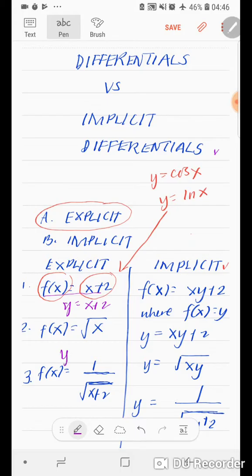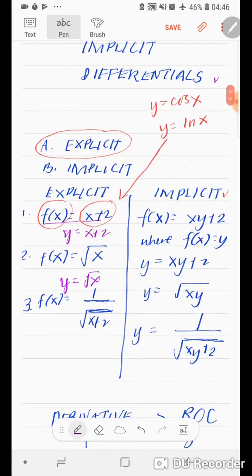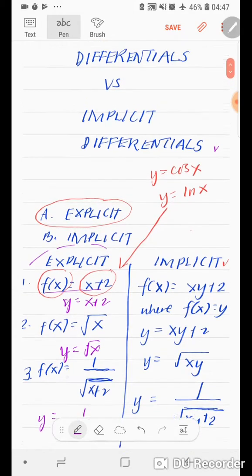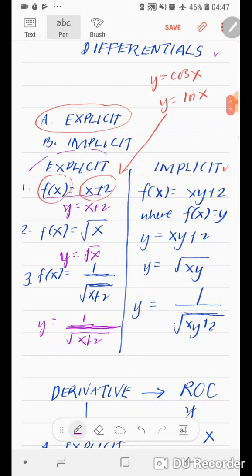This can also be y is equal to square root of x. And also for this function, y is equal to 1 over, let's try to extend it, x plus 2. So everything in here are explicit functions.